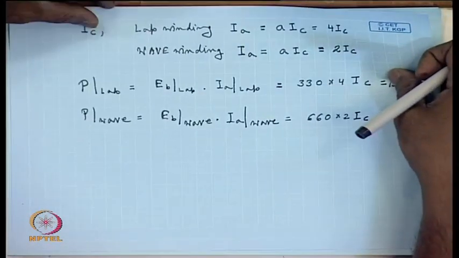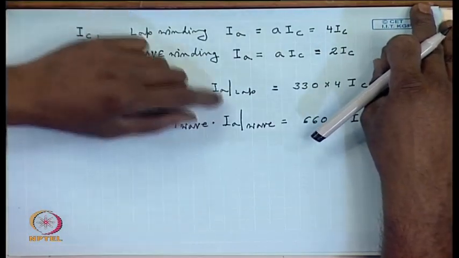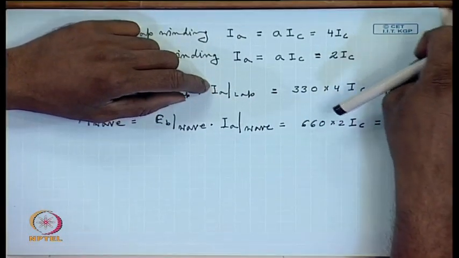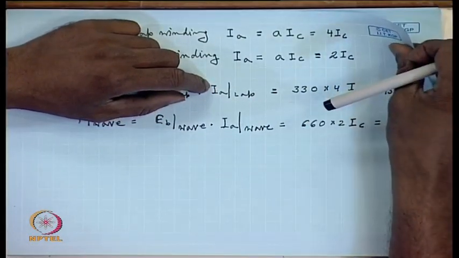But depending on the required voltage, we will choose the armature connection. That is, if a high voltage low current machine is required, then wave winding will be preferred. If a low voltage high current machine is required, then the lap winding will be preferred.